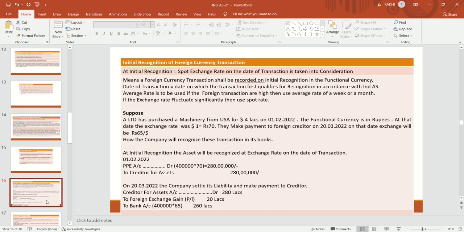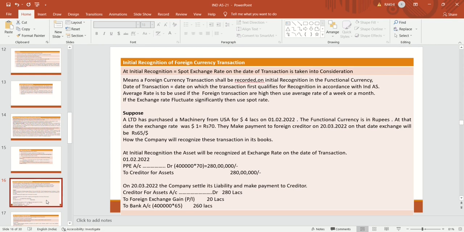But if the exchange rate fluctuates significantly, then they use the spot rate for calculation purposes.